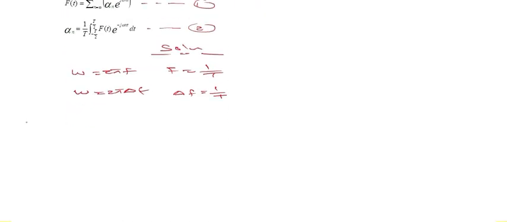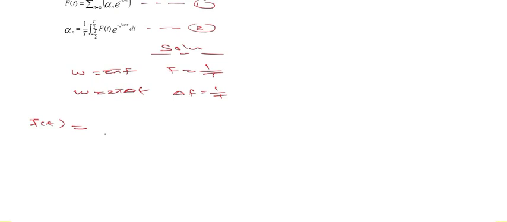Now simplifying equation 1, f of t, in terms of change in f. Anywhere we see omega, we are going to represent it as 2 pi change in f, and anywhere we see T, we are going to represent it as 1 over change in f.